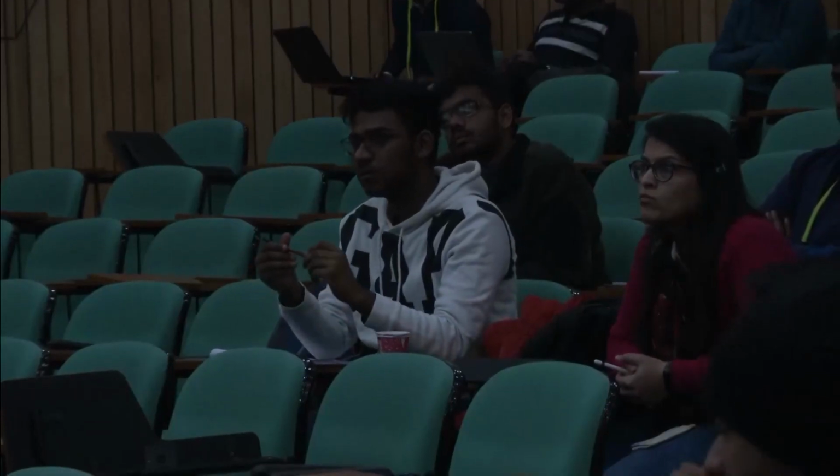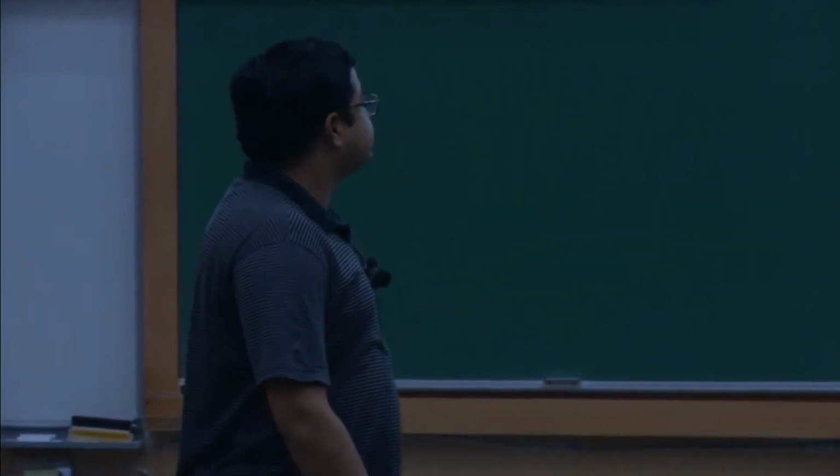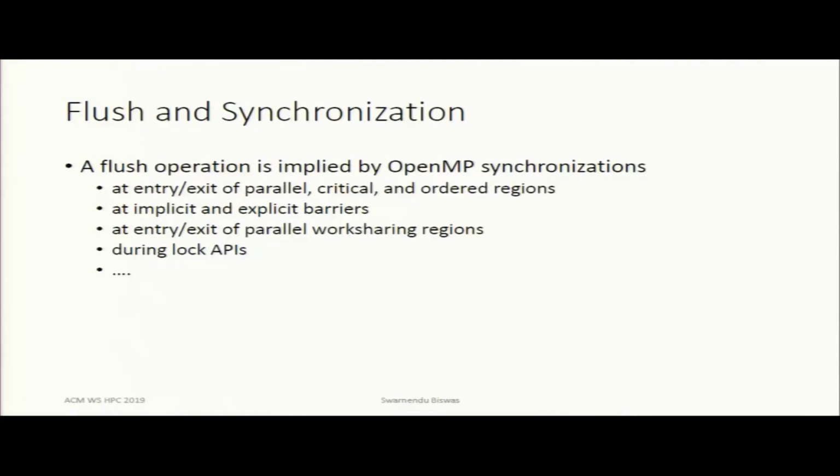So there are certain implicit flush points, one of them being an implicit barrier. A flush operation is implied by many OpenMP synchronization points. For example, on entry and exit of a parallel region, a critical section, or ordered regions, a flush is automatically implied. Because if you have a parallel region, you want to see whatever has happened before that.